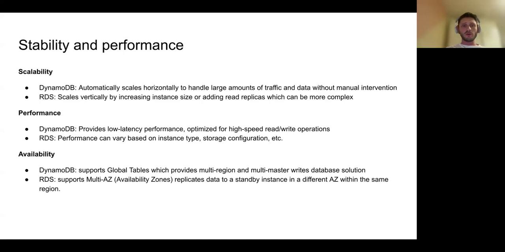Overall, for scalability, we know that DynamoDB automatically scales horizontally, and that really helps manage a large amount of traffic without any intervention. At the same time, RDS scales vertically, and it has to increase the instance size, and this increase also takes time, and there might be some gaps in performance because of that.